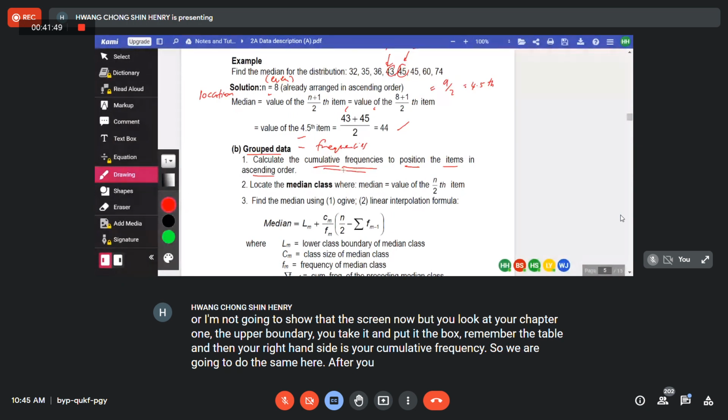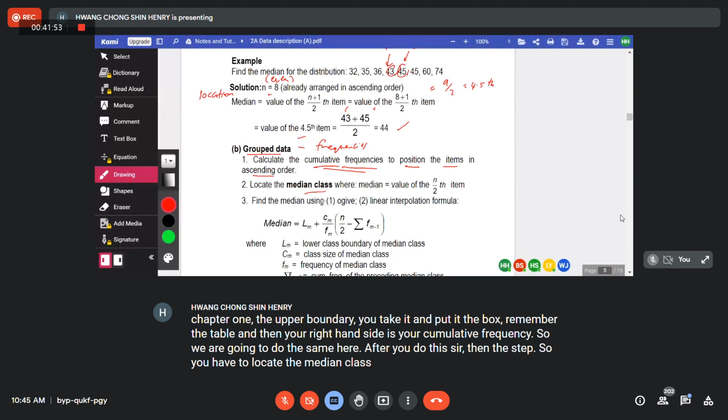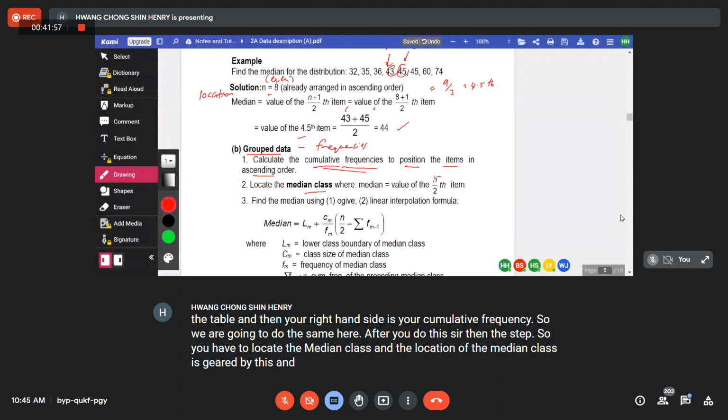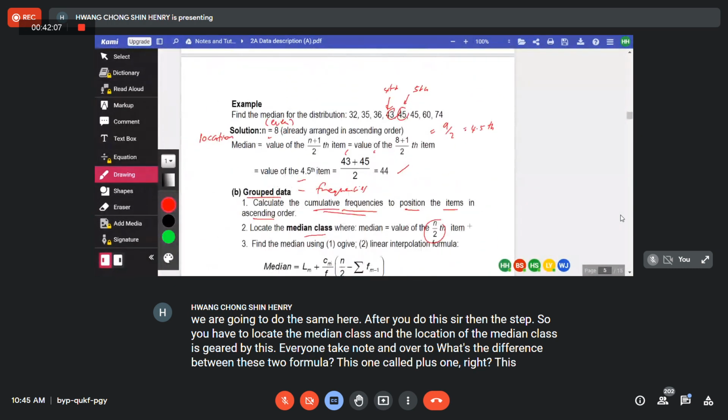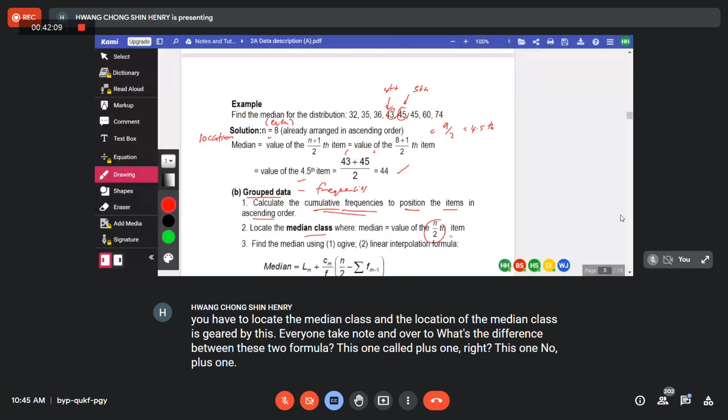After you do this, then step 2, you have to locate the median class. And the location of the median class is given by this. Everyone take note, n over 2. What's the difference between these two formulas? This one has plus 1, right? This one, no plus 1. So for group data, no plus 1.